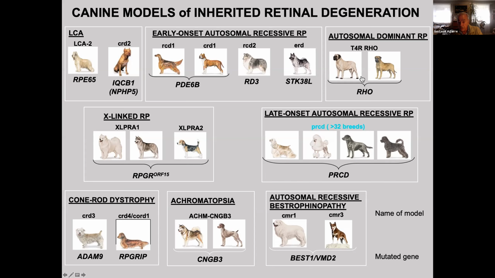The rhodopsin autosomal dominant RP, 2 forms of X-linked RP that we have, late onset autosomal recessive disease, cone-rod dystrophies, achromatopsia, 2 different ones, a genomic deletion and a missense mutation, and then autosomal recessive dystrophinopathy.